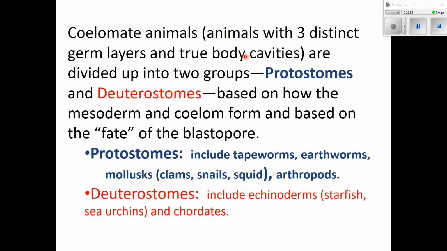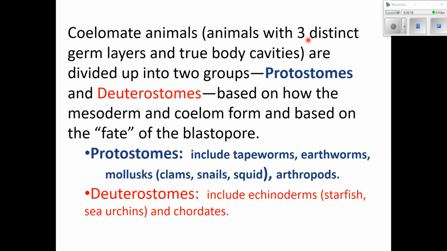When it comes to triploblastic animals, now remember that's any animal that's more complex than a jellyfish, which is pretty much all animals that you can think of. Animals that have three distinct germ layers: endoderm, ectoderm, mesoderm.